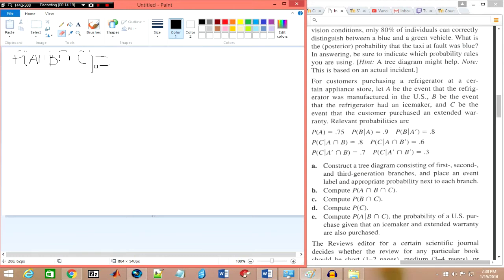So we got the probability of C given A and B, that A and B happened. So the probability that A, B, and C happens is just going to be the sum of the first line of our tree diagram, but that's not enough for me to show my work.